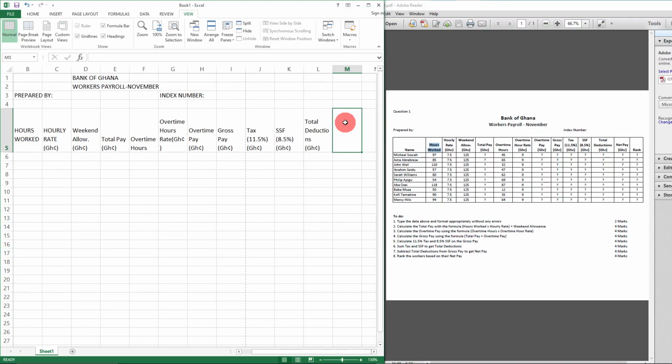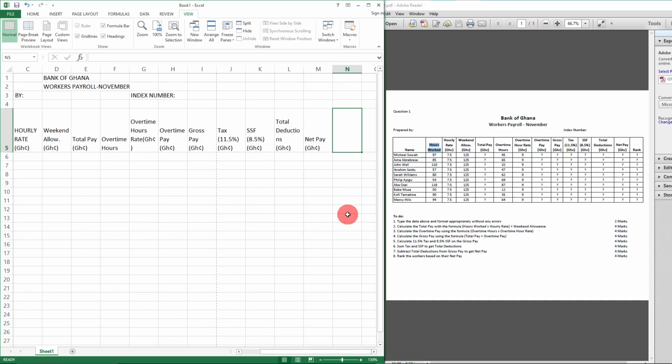Okay, and the next one is net pay. Net pay, which is also in Ghana cedis. And the last one is rank.